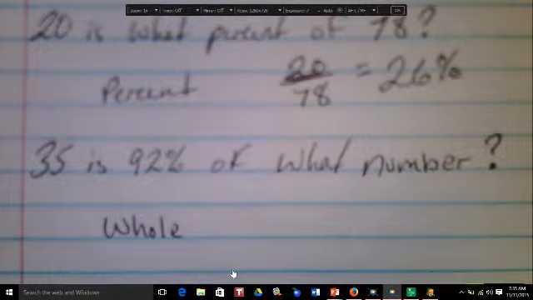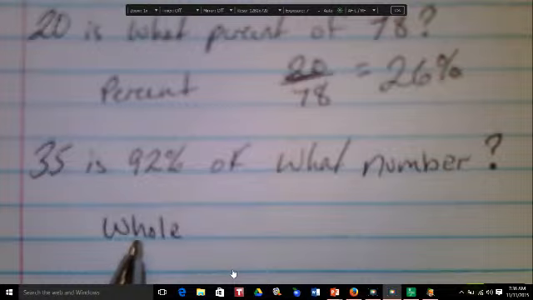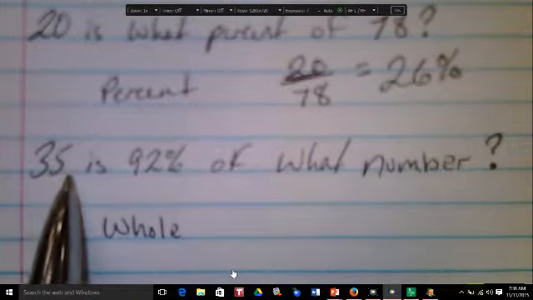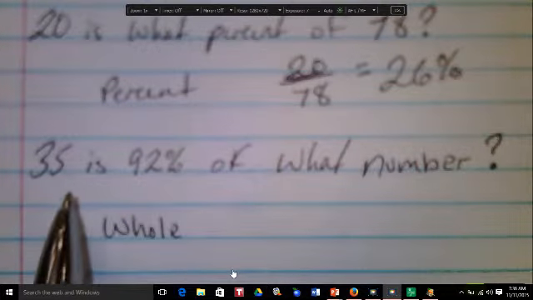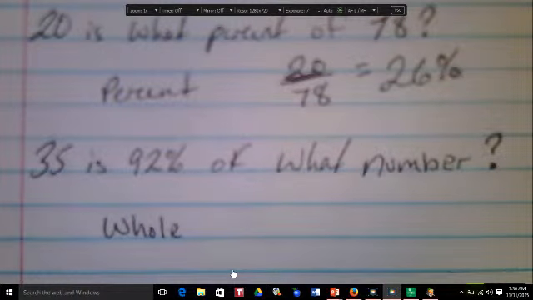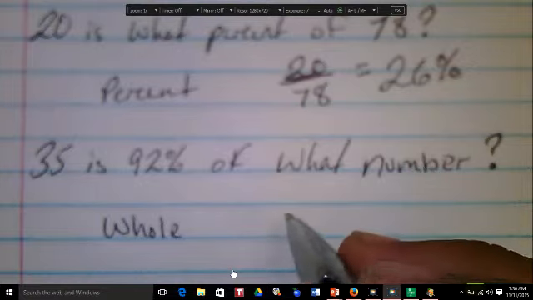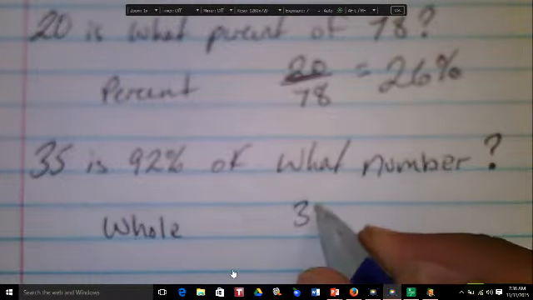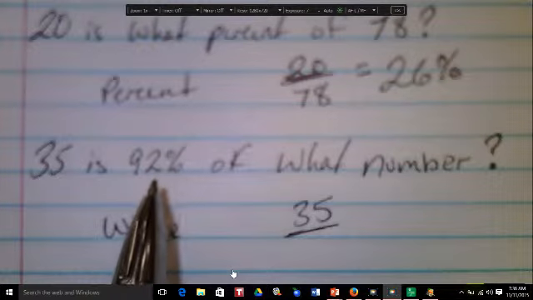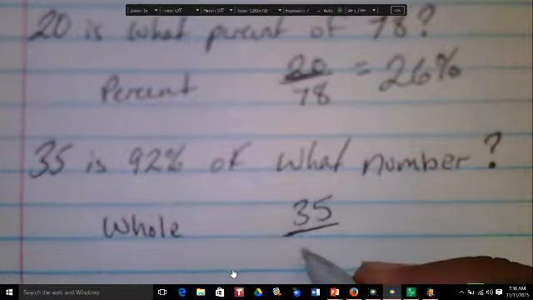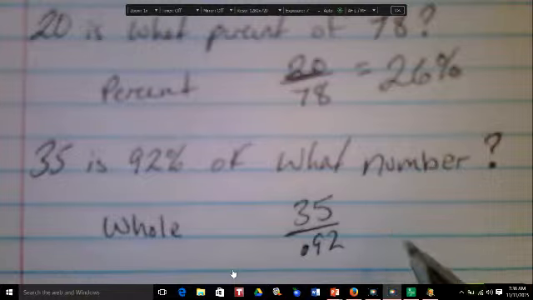The trick with the whole is, once you know you're looking for it, just remember you are going to divide the part by the percent. So 35 divided by, remember, change this into a decimal, moving the decimal place 2 places, 0.92.